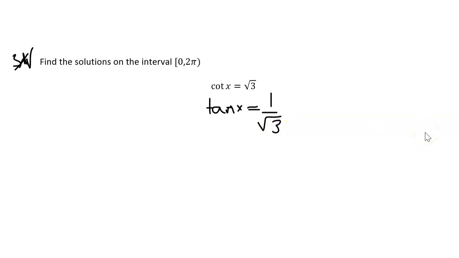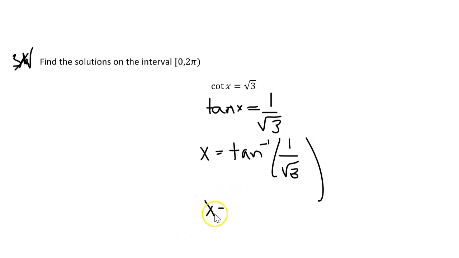Now I don't have my tangents memorized as well as I have my sines and cosines, so I'm going to let my calculator tell me what the inverse tangent of 1 over rad 3 is equal to. And so I get x equals 30 degrees.